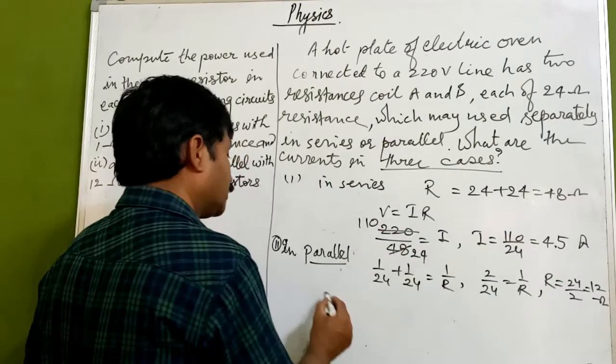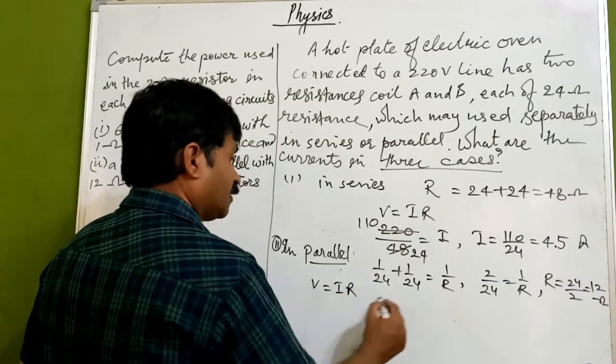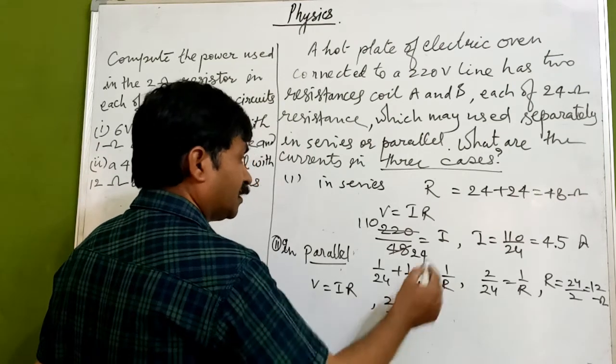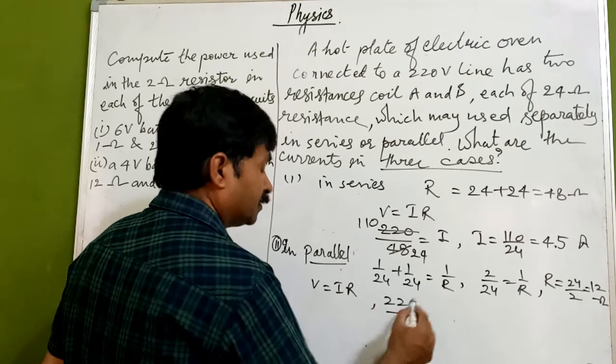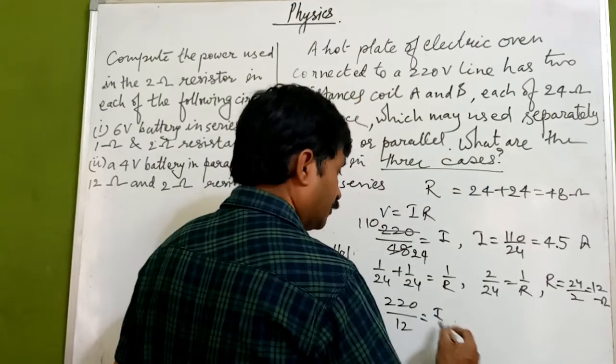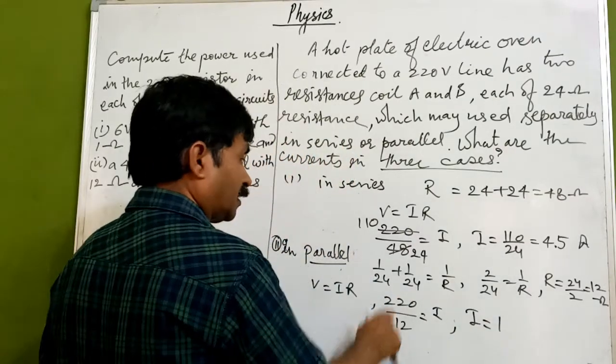Now if we go with Ohm's law again, V equals I into R. V is given to us, that is 220, I is what we have to calculate, and R is 12. Now I is equal to nearly 18.3 ampere.